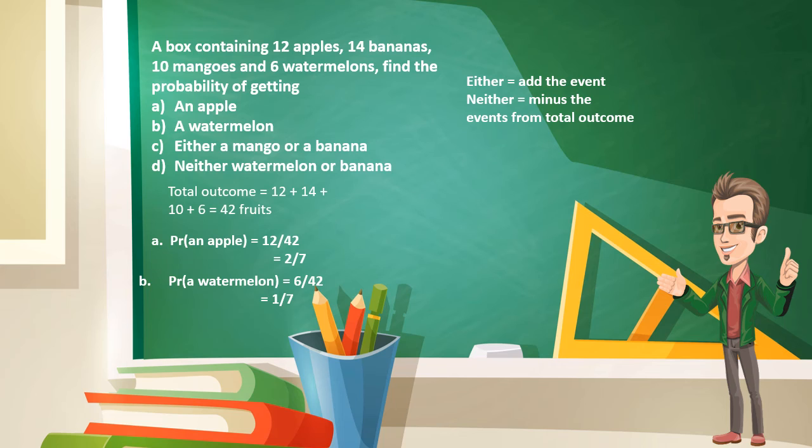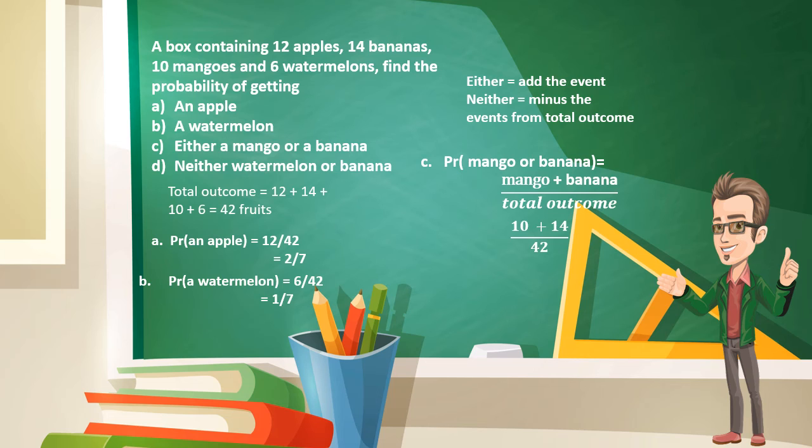Now, back to question C, where we're told to find the probability of picking a fruit at random that will be either a mango or a banana. Now, remember that either simply means to add the events. So it will be mango plus banana divided by the total outcome.